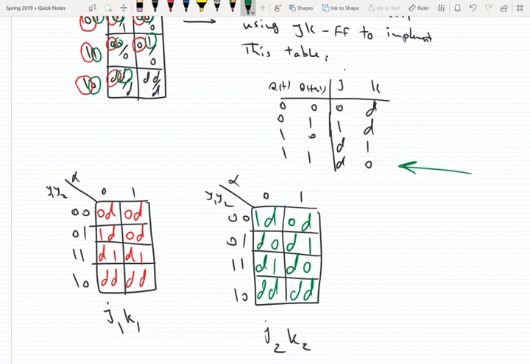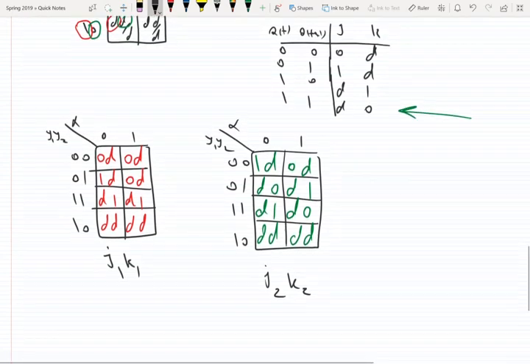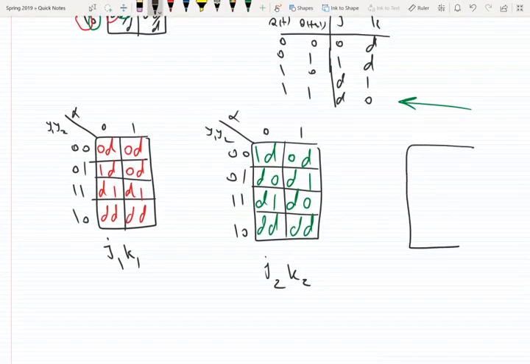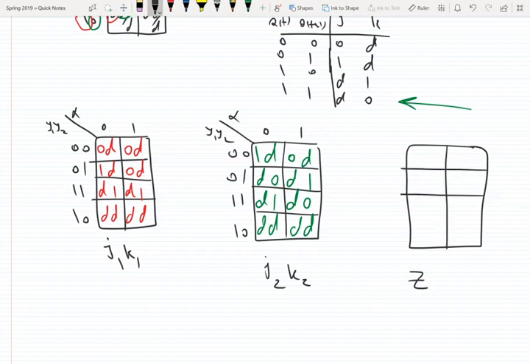Okay, now one more table for Z. For Z, again we say X, Y1, Y2, 0, 0, 0, 1, 1, 1, 1, 0, 0, 1.